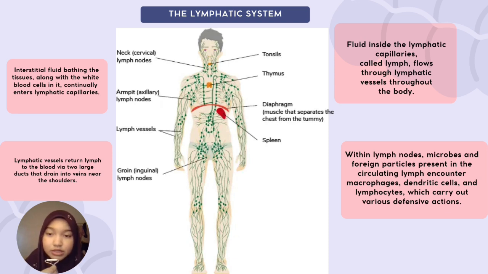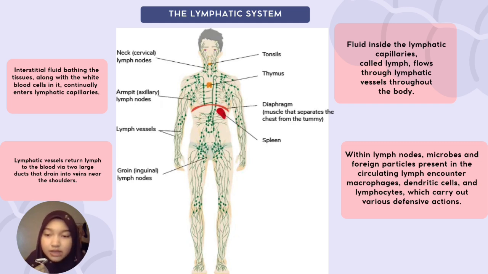First, the interstitial fluid bathing the tissues, along with the white blood cells in it, continually enters lymphatic capillaries. Next, the fluid inside the lymphatic capillaries, called lymph, flows through lymphatic vessels throughout the body. Within lymph nodes, microbes and foreign particles present in the circulating lymph encounter macrophages, dendritic cells, and lymphocytes, which carry out various defensive actions.